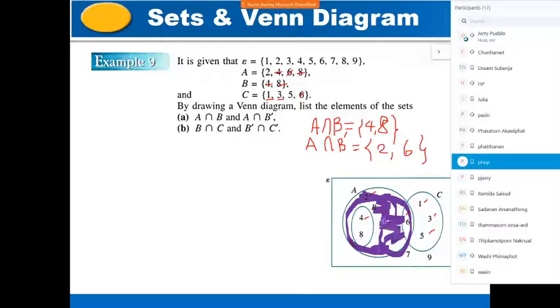You understand? So what are the elements in that portion? We have 2 and 6.